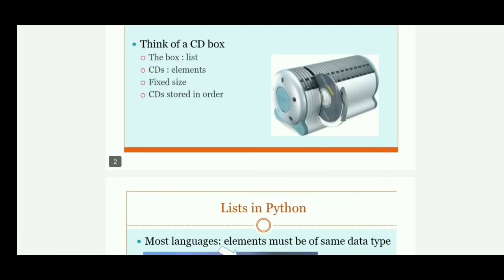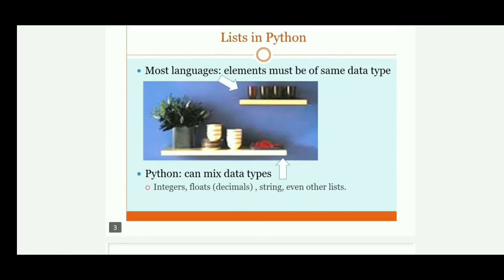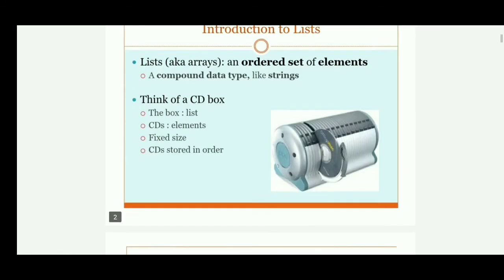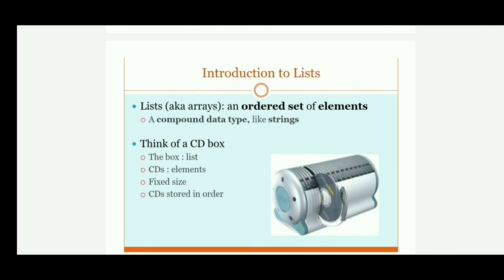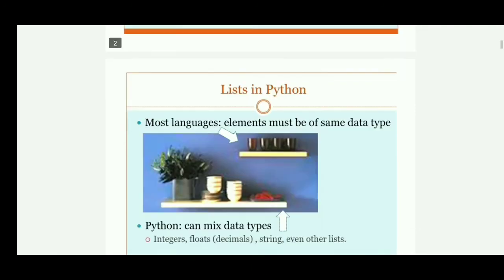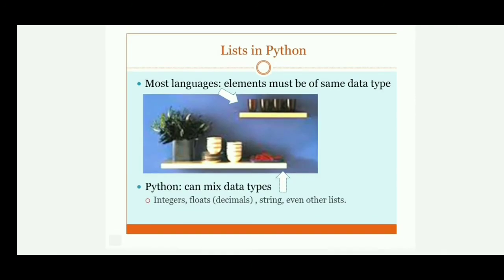Next is about lists in Python. The first one was a general or normal list. Now we will see how the list performs in Python. In most languages, elements must be of the same data type, but in Python it can mix data types. All of you know about data types. We basically have string, integer, and float.